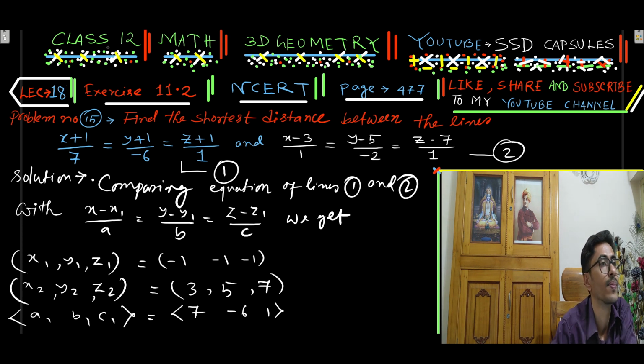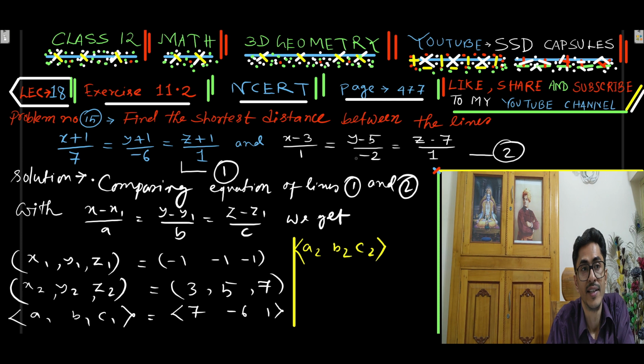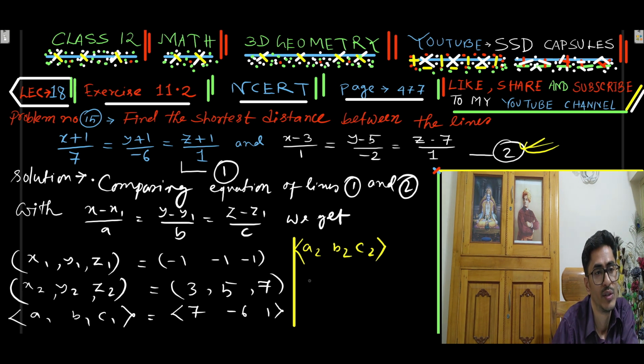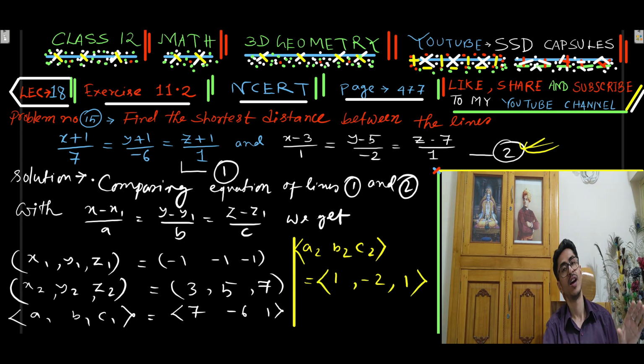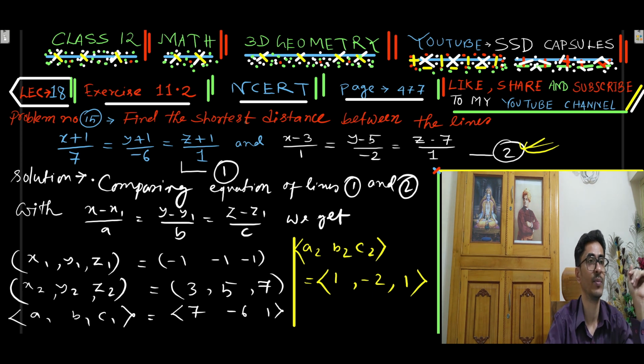Similarly a2, b2, c2, from equation 2, are nothing but the direction ratios of a line parallel to line number 2. You can understand everything I am saying right now by going through the previous lectures. So here, 1, minus 2, 1. Now we are going to use the formula we discussed in lecture number 11.